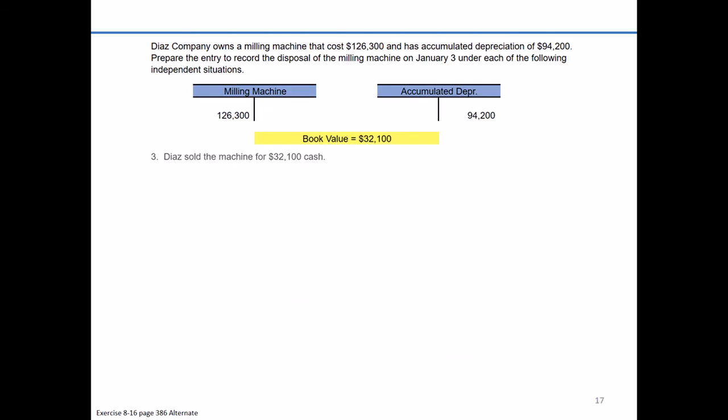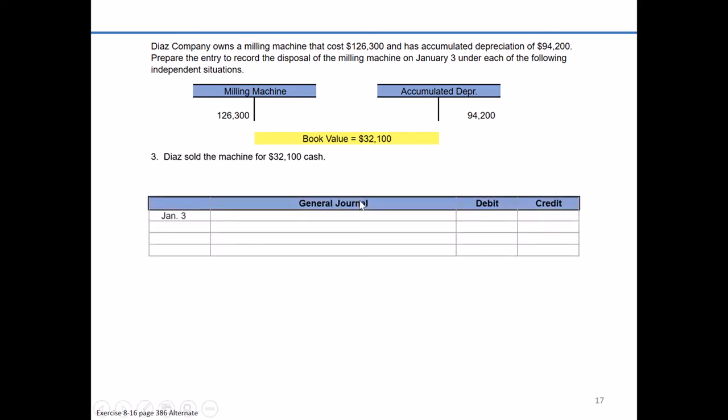So let's move forward to scenario 3, where Diaz is going to sell the machine for $32,100 in cash, which coincidentally exactly agrees to our book value. So a lot of the entry stays the same. Credit milling machine for $126,300. Debit accumulated depreciation for $94,200. Debit cash, this time though, for $32,100.